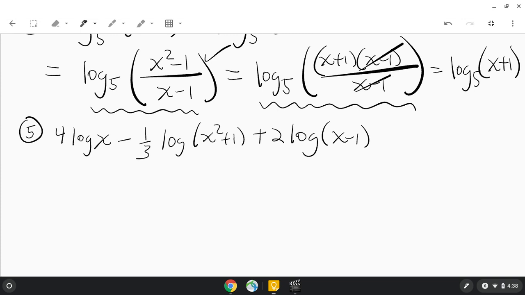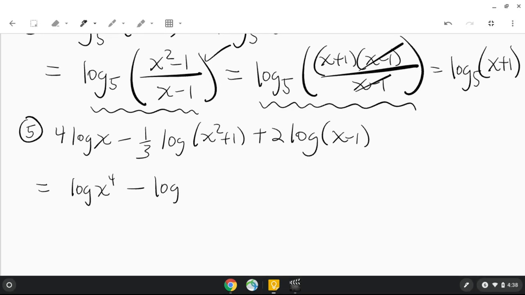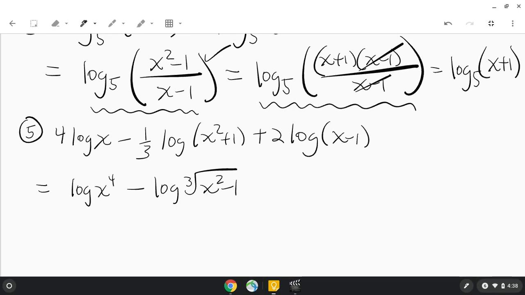So, we have numbers in front of all of these logs, so let's move them all back to the exponent position. This will be x to the 4th. This one is a fraction exponent, so I'm going to rewrite that as a cube root already, just to save myself some time.